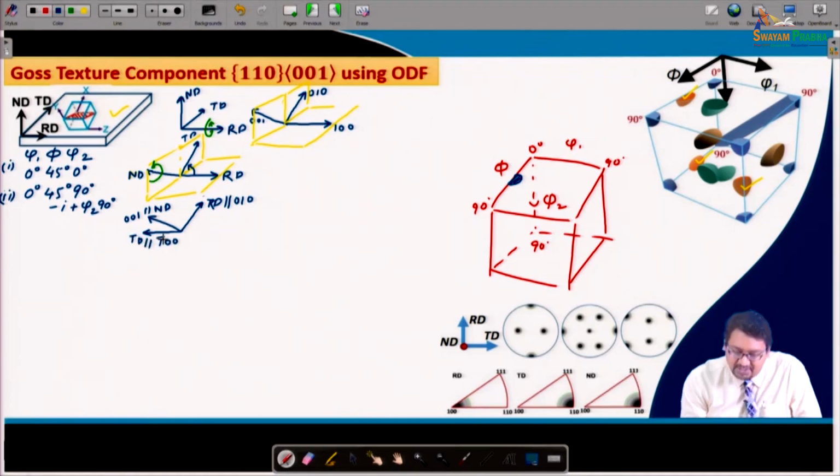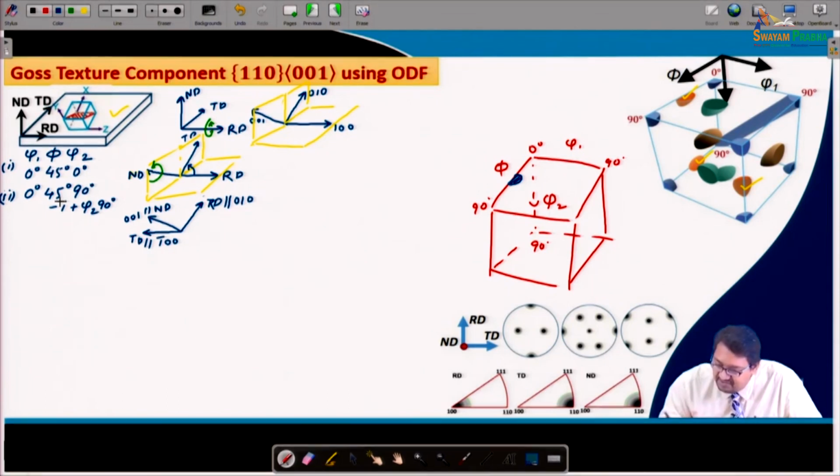So, we have traced the specimen axis from the Gauss texture component to the position where the important specimen axis are parallel to the important sample axis, and thereby this position 0 45 and 90 degree is also the position of the Gauss texture component.